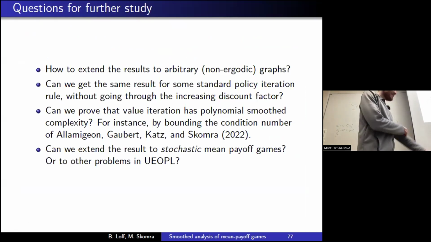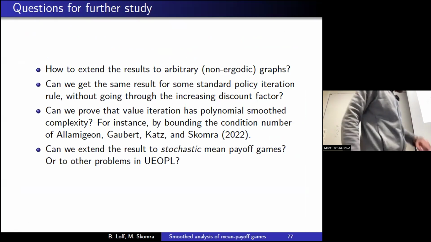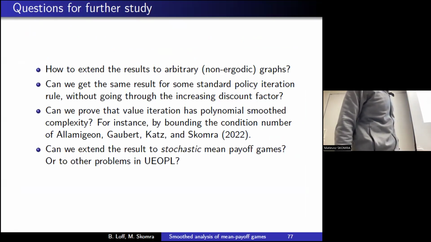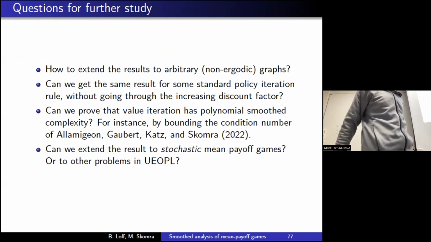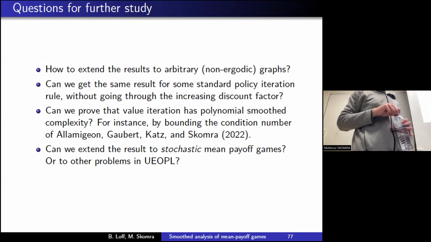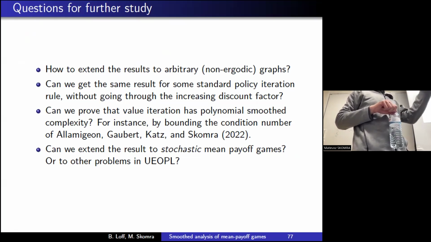So these are now the kinds of questions that are for the future, right? So first of all, can we do this for arbitrary non-ergodic graphs? Second question is, can we get the same result for some standard policy iteration, right? So I showed you this graph for a policy iteration method, but it's not the policy that we proposed here, right?